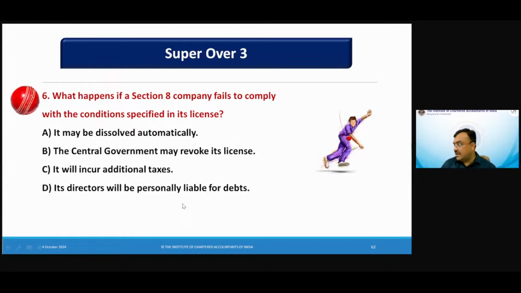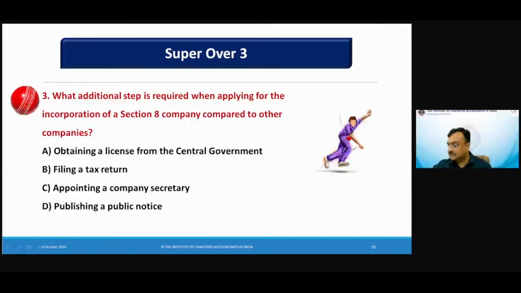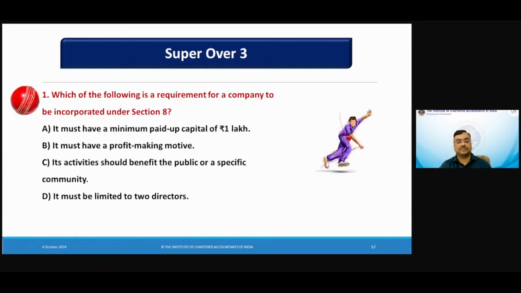So let's start the answers. First is, which of the following is a requirement for a company to be incorporated under Section 8?